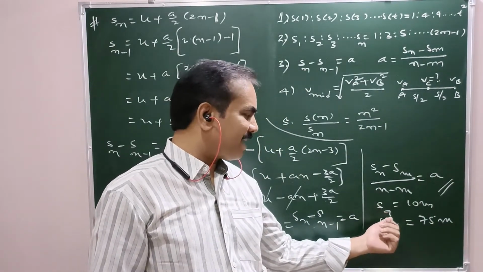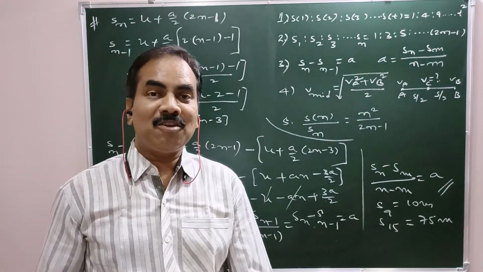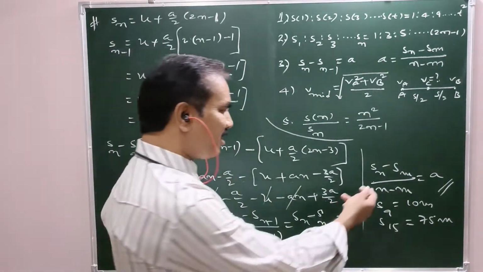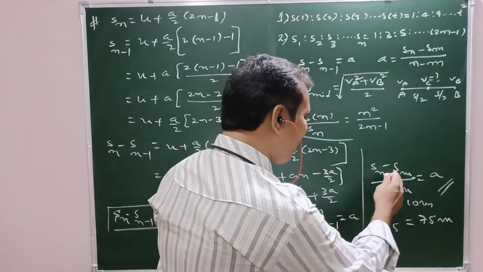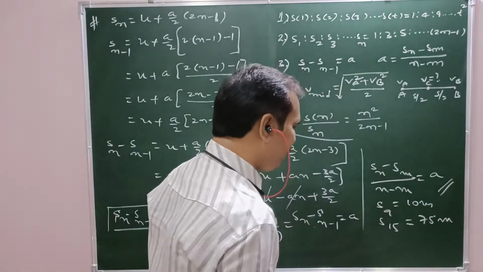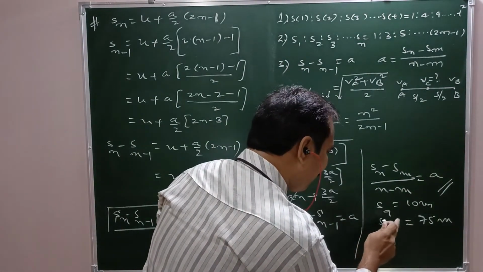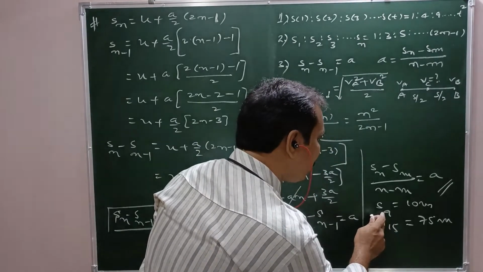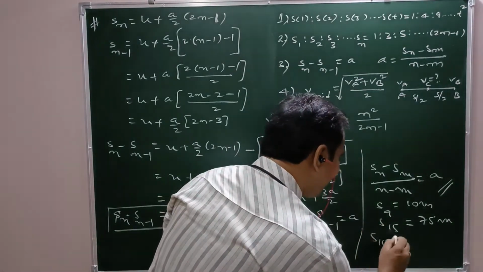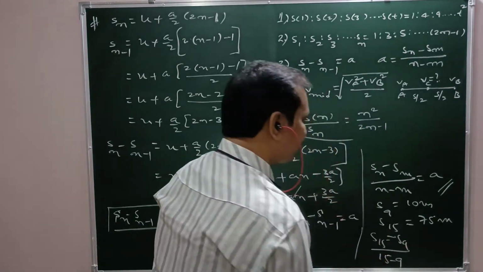In the 9th second and 15th second, the particle is under uniformly accelerated motion. Based on this relation, (Sn minus Sm) by (n minus m) equals a. Similarly here, S15 is greater than S9, so I am taking S15 minus S9 by 15 minus 9.